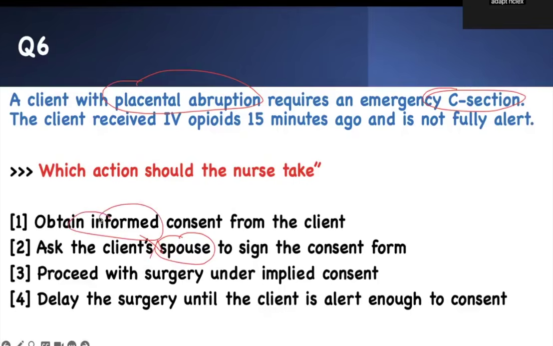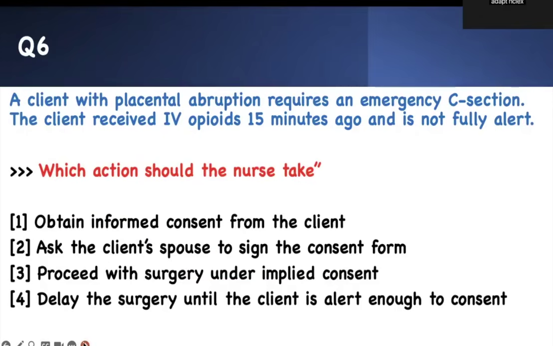We cannot obtain consent from the mother because the client is impaired, right? We should proceed under implied consent, which is consistent with an emergency C-section. Delaying, patient dies. Concept: ethical, fundamentals of nursing.